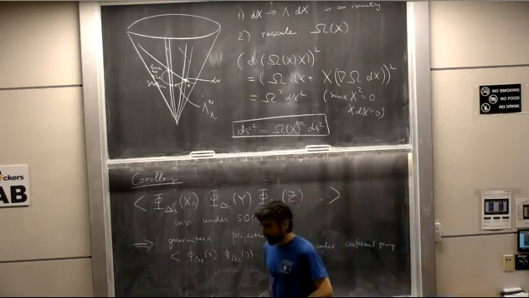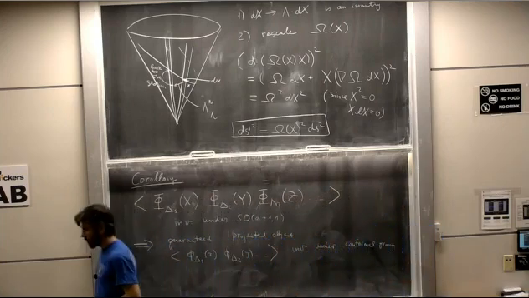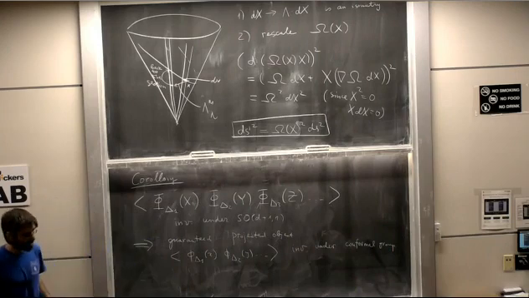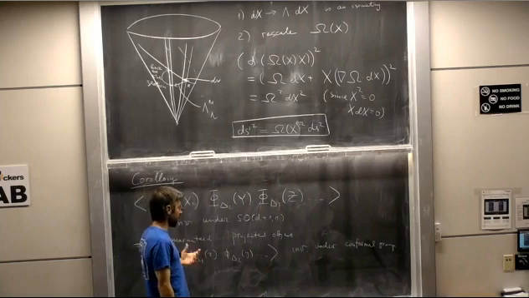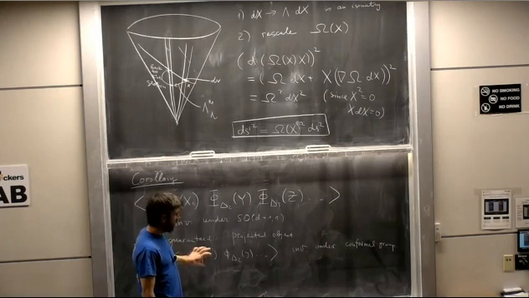If you want to relax those assumptions, you sometimes have to do this, in particular if you're dealing with non-unitary theories. But here I'm just considering a very simple case, where the field has a well-defined scaling dimension.